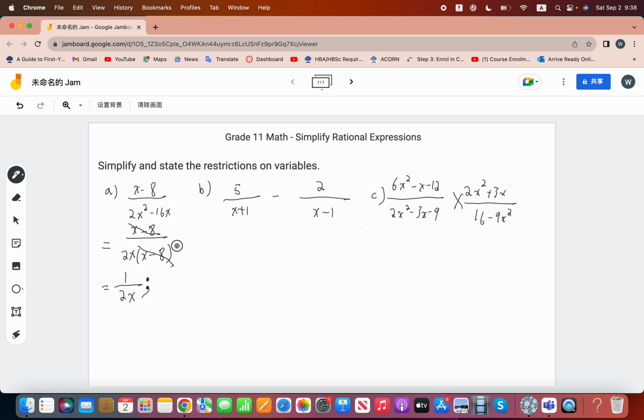So it's going to be 2x times x minus 8 not equal to 0. So x is not 0 and x is not 8. So the restrictions for question A is x is not 0 and x is not 8.